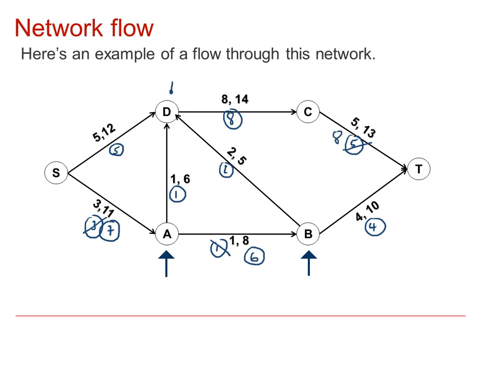Now we've got a flow pattern which actually works, which satisfies the minimums. 5, 7 is bigger than 3, 6 is bigger than 1, etc. And also shows the conservation of the flow at each of the nodes.